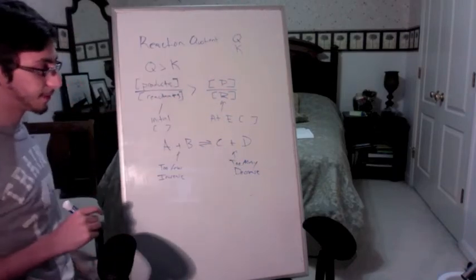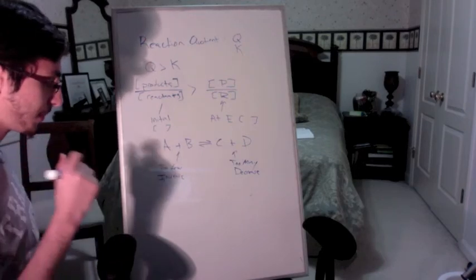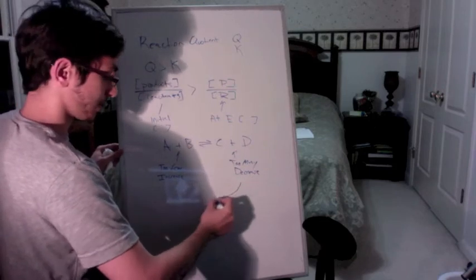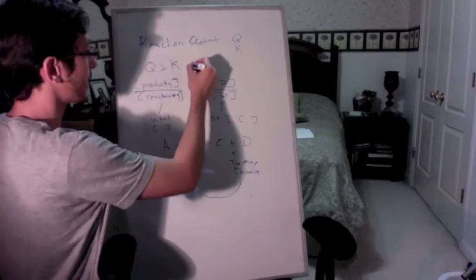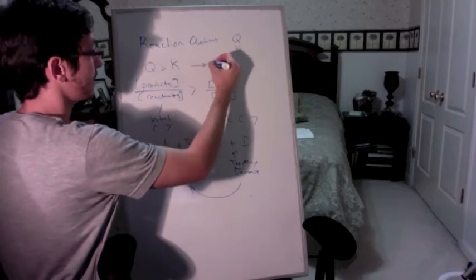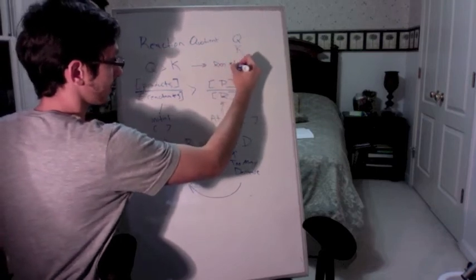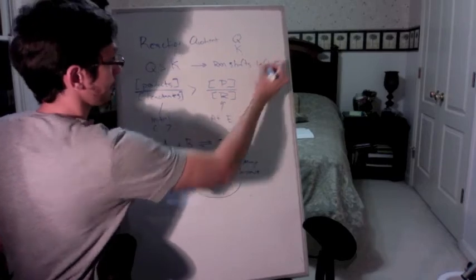Products must be consumed, reactants must be produced. And so the reaction shifts to the left. So Q greater than K, that means reaction shifts left. Okay.